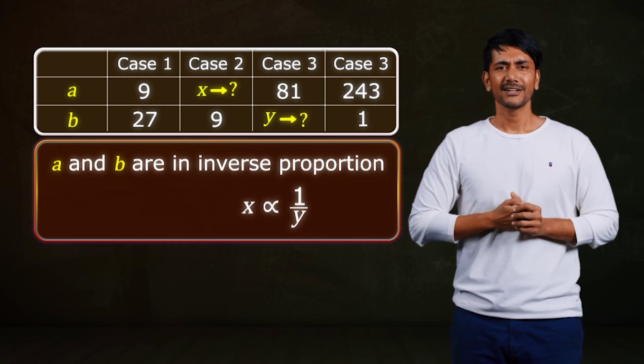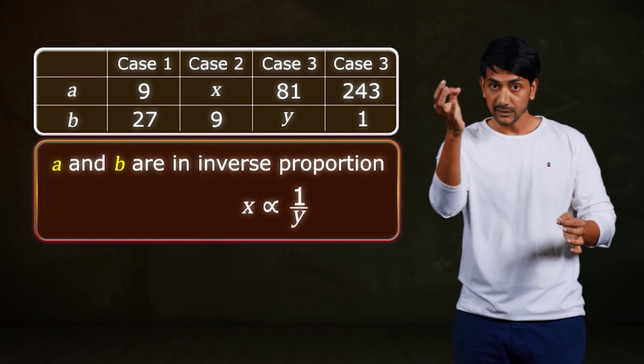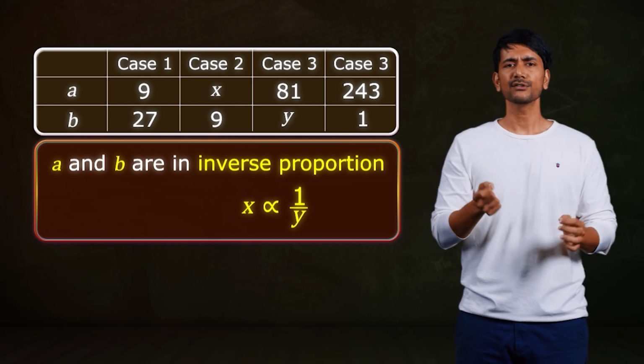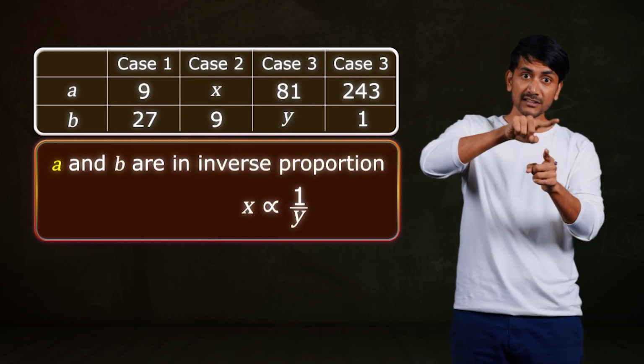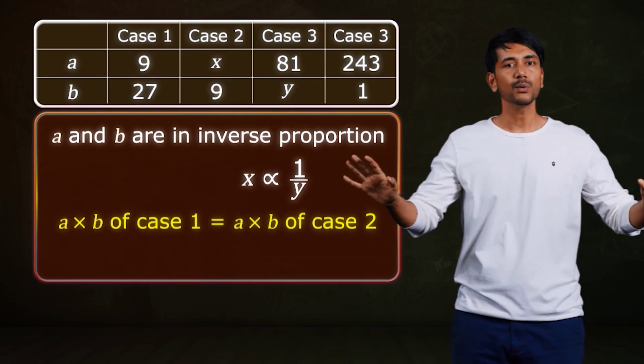Let us start with what we know. We know that a and b are in inverse proportion. This means that the product of the values of a and their corresponding values of b from all the cases are equal.